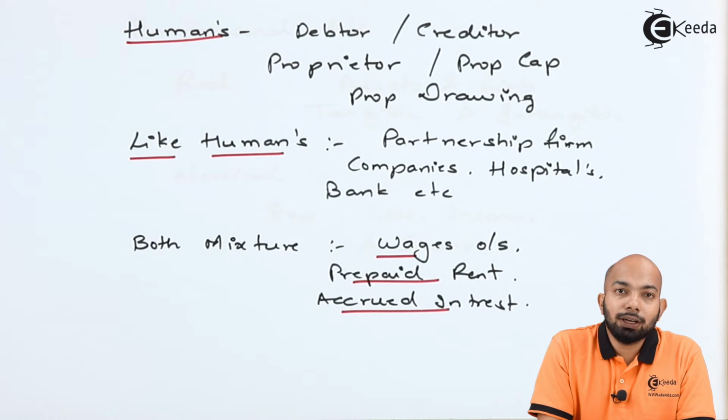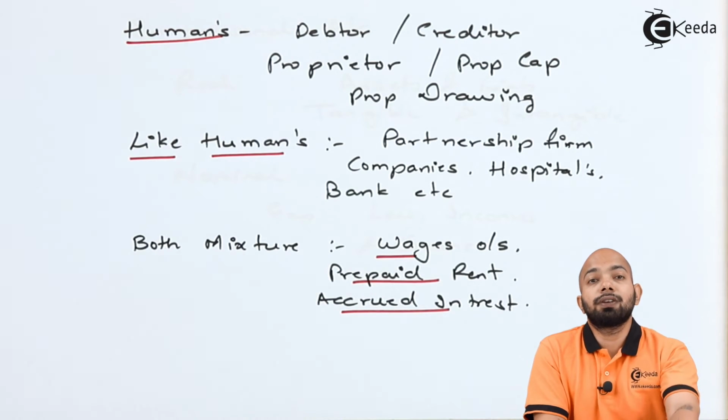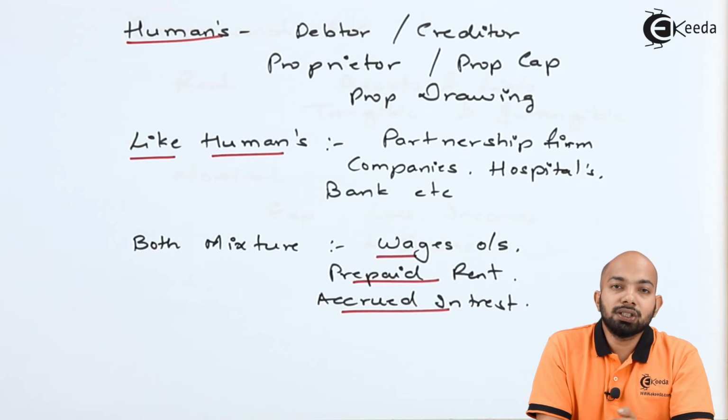For example, wages outstanding, prepaid rent, accrued interest, all these things which are payable to one specific person and are mentioned in specific accounts. That's why it is called a representative. It represents a specific human. The word itself suggests it.